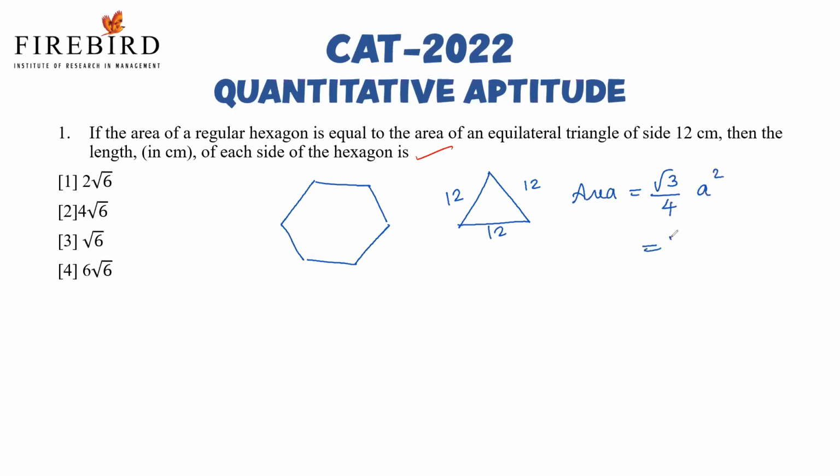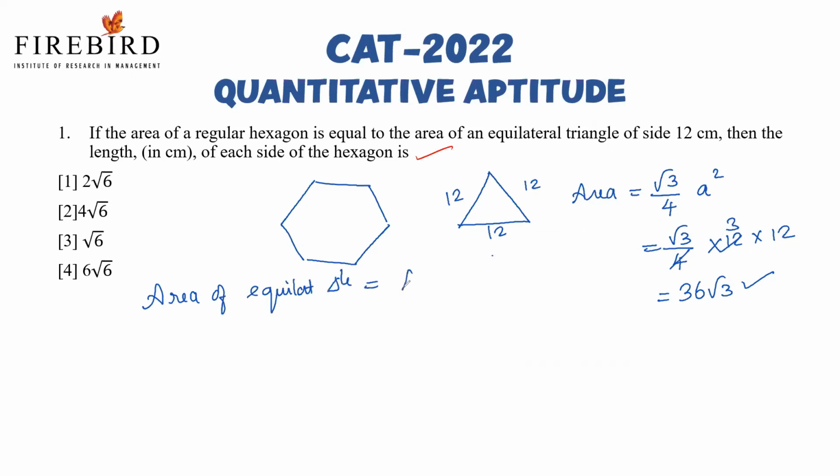If I apply 12 centimeter here, I'll get root 3 by 4 into 12 into 12. So I'll get 36 root 3 as the area of the equilateral triangle. They have told you that the area of the equilateral triangle is equal to the area of the hexagon.